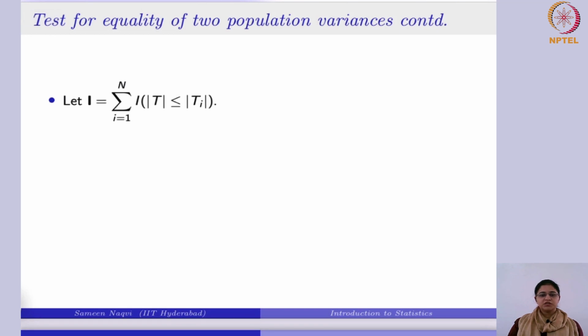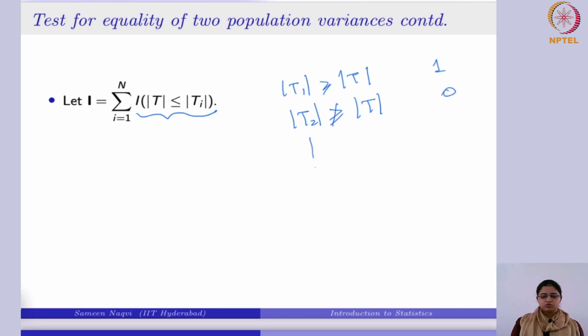So I would be the indicator function over here. Whenever it is 1, this is true. Whenever your t1, suppose, is greater than t, it will give you 1. Again, suppose t2 is not greater than or equal to t, then it will be 0. Likewise, you can keep on comparing, suppose till 100, and you will find out where it is greater than or equal to, so you will have 1.